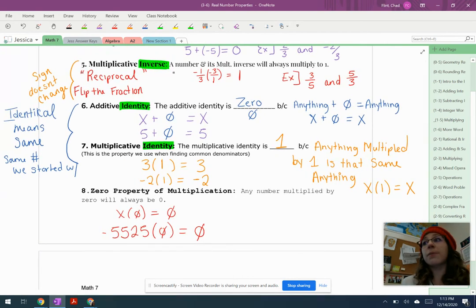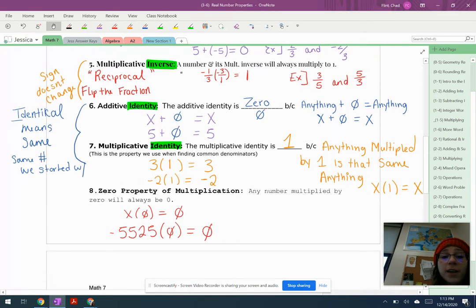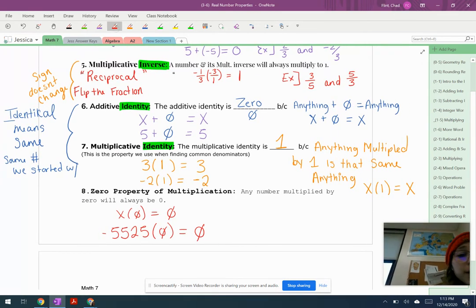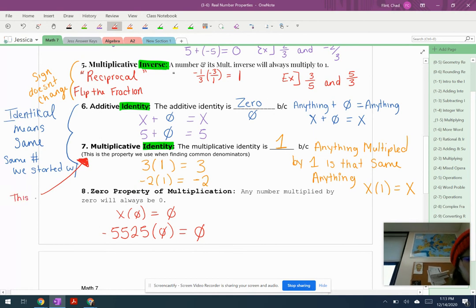I forgot one thing. The multiplicative identity, I just want to add a little piece in there. This is the property we use when finding common denominators.